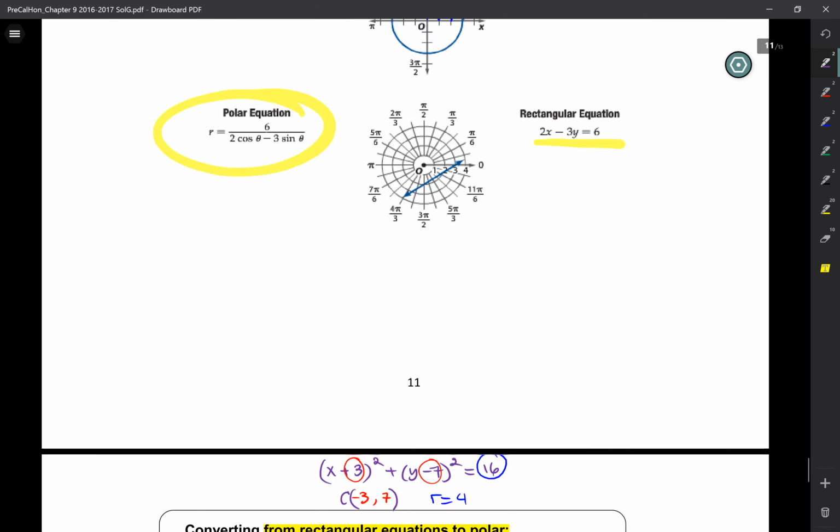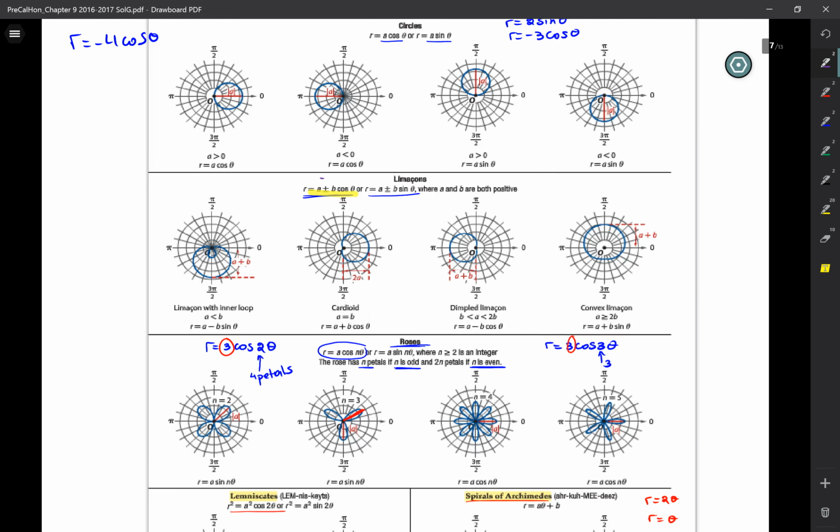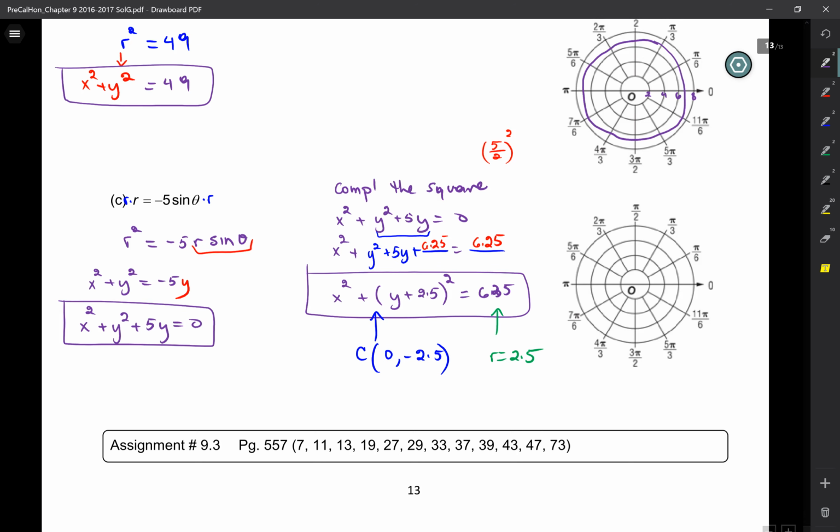So this was negative 5 sine theta, and if you look here, it's down here, right? So what did I find my center to be? 0, negative 2.5. And the radius is 2.5, so check it out. You can't not be amazed at this. Why did I draw that circle? Because the center is 0, negative 2.5, and the radius is 2.5.